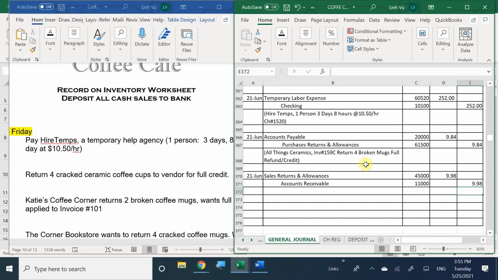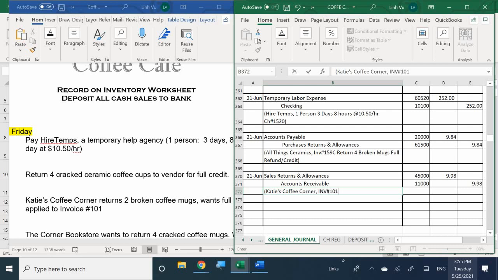What's going to be my little description here? I put Katie's Coffee Corner, invoice 101. See?